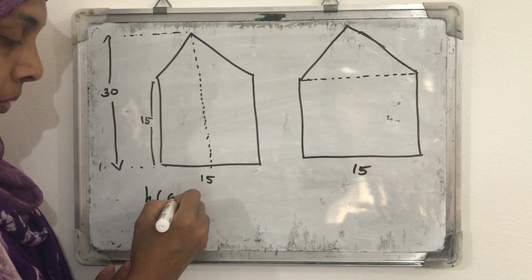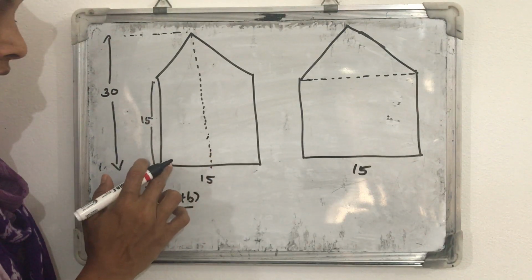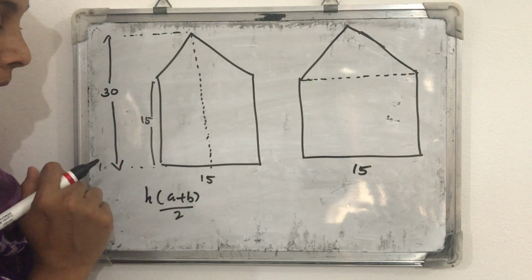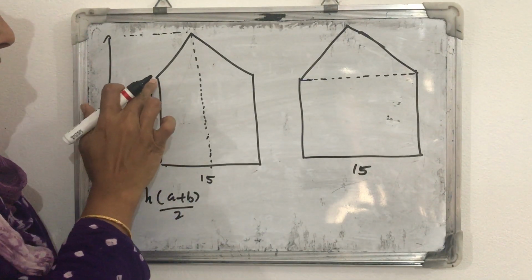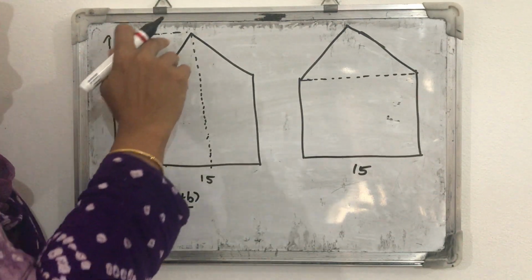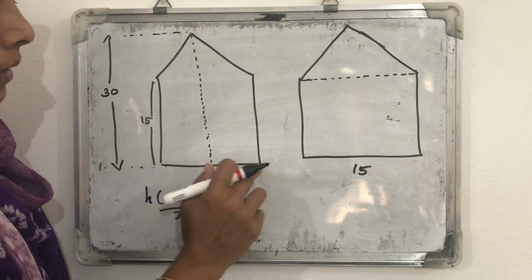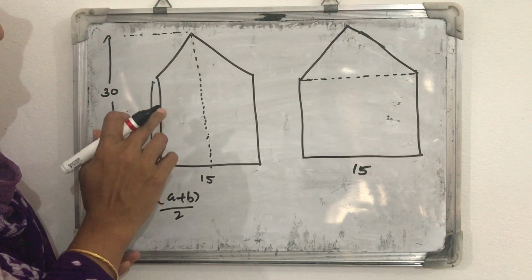It is h into (a plus b) by 2, where h is the height, the distance between the two parallel sides, and a and b are the lengths of the parallel sides. In this figure, the length from here to here is given as 15. The total length of this pentagon is given as 30 meter, and this length is given as 15 meter, like that. So in this case, h will be this.